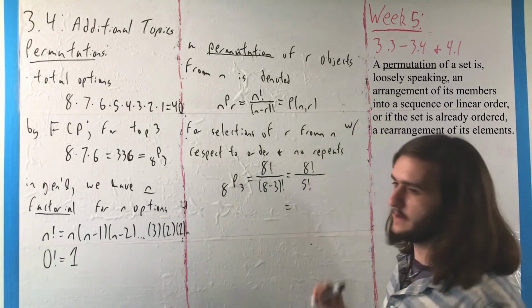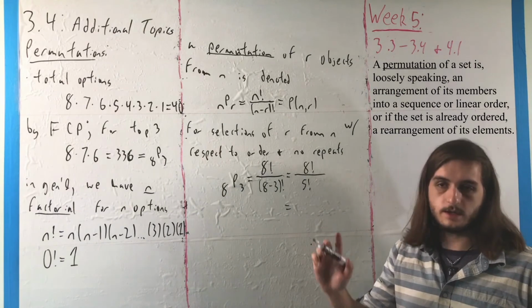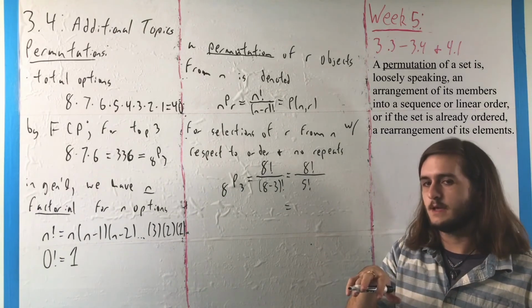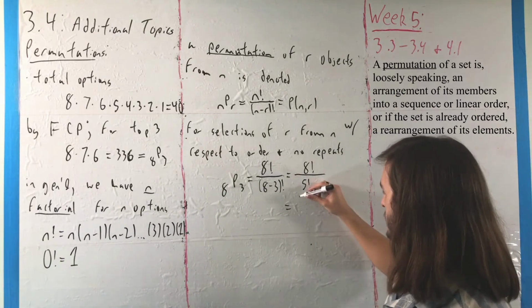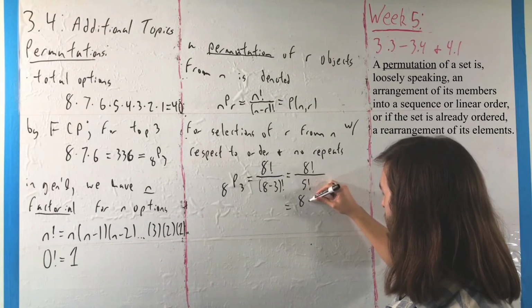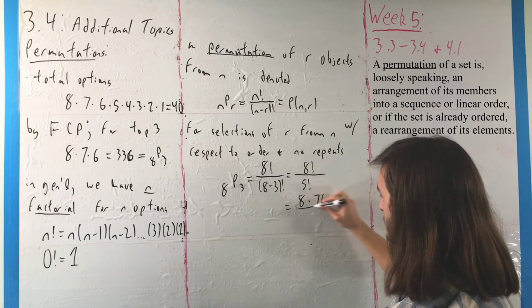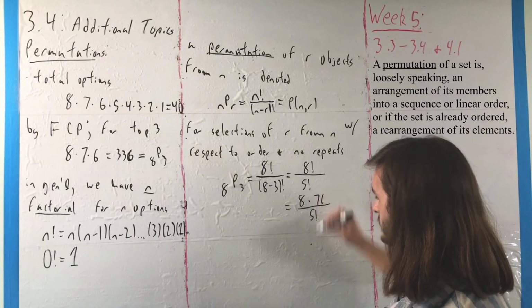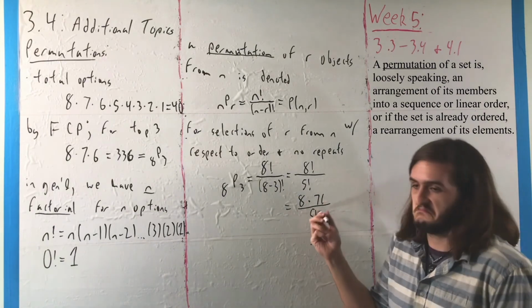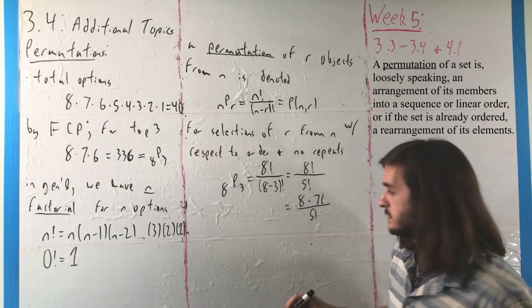We're not going to bother that 5 factorial for now. It's doing its best. We're not going to make things harder. But on top, we can pull out a 7 factorial, get 8 times 7 factorial over 5 factorial, and say, great, we did nothing. But, well, it's a little longer.